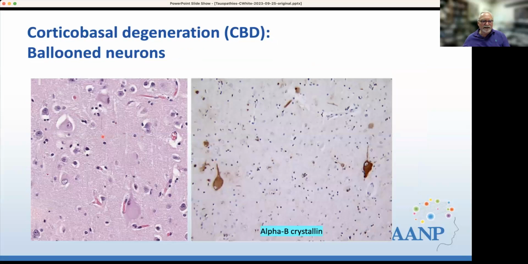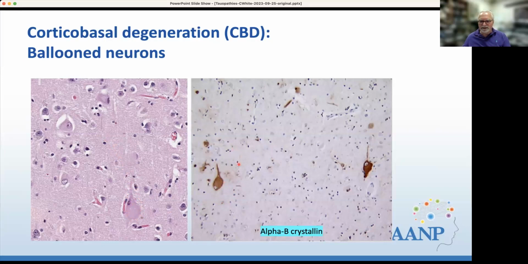In the neocortex of the cases of cortical basal degeneration, we see these large pink neurons with the nucleus pushed off to the side and dispersed Nissl substance. These are the so-called balloon cells or achromatic neurons that are described in cortical basal degeneration. These can be identified to advantage with an antibody to alpha B crystallin.